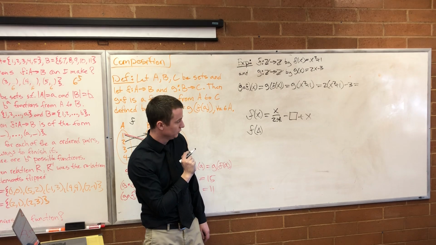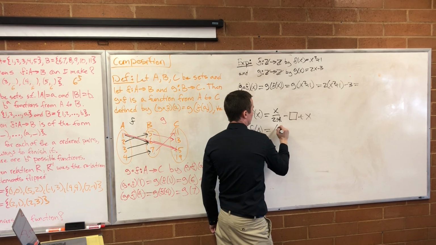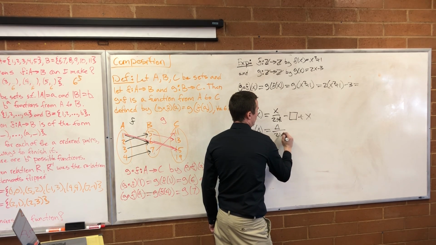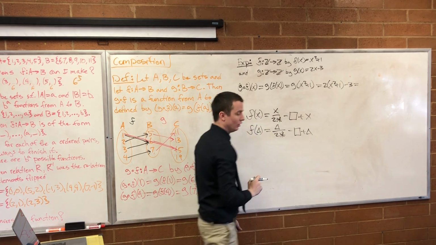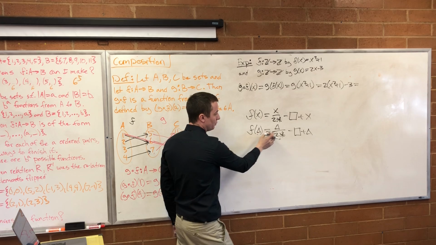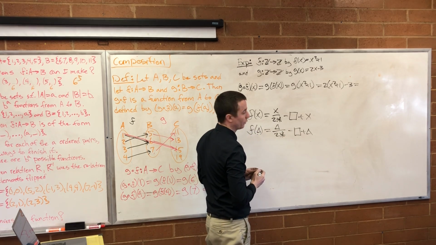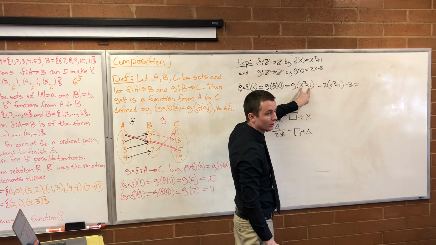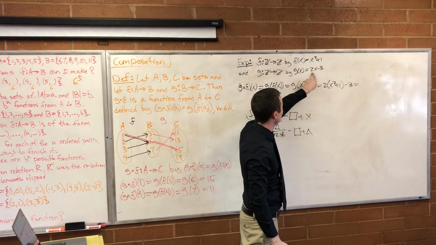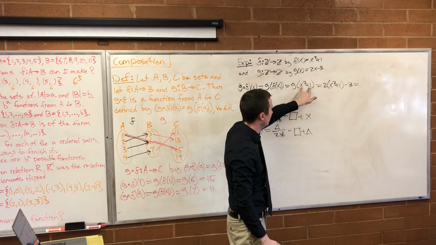What's f of triangle? It's equal to triangle over 2 star minus square plus triangle. Whatever is in here, go through and replace all your x's with it. That's what we're saying. So we're going through here, and we're replacing all our x's with this.